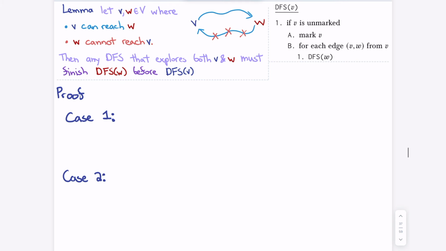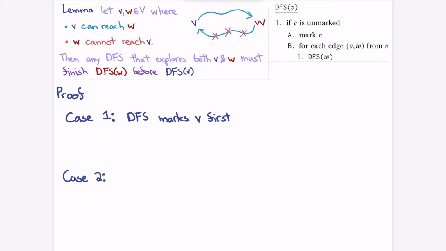I set it up by breaking it into two cases. What are some natural cases? Which one is reached first is, I think, a little bit cleaner.